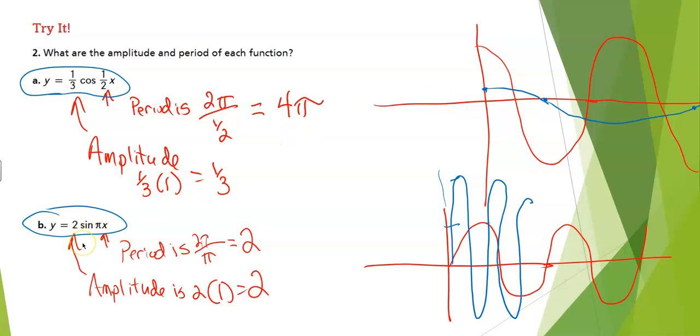Now this one ended up being kind of interesting. Since I was multiplying x by pi in the sine of pi x, I take 2 pi and divide it by the change of x. I'm dividing it by pi, and I end up with a period of 2. That looks a little strange on your graph, and I know this isn't very good, but you can see how it starts at 0, since this is sine, and then goes up, down, across, and then back up again right here.